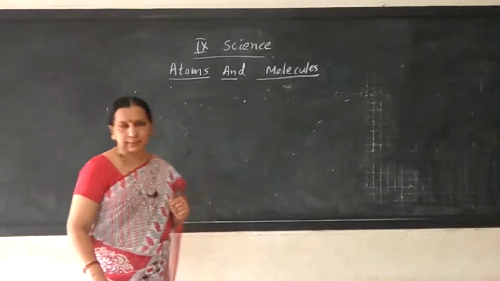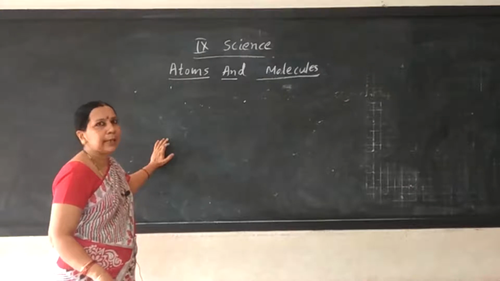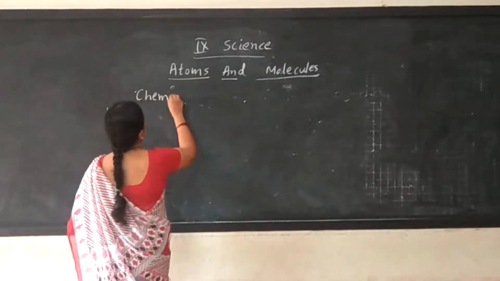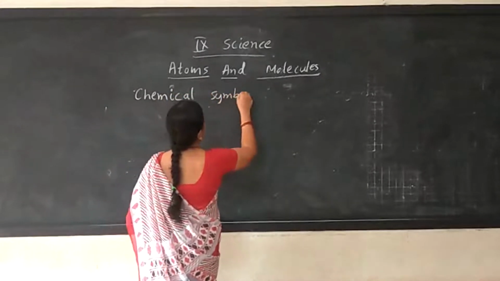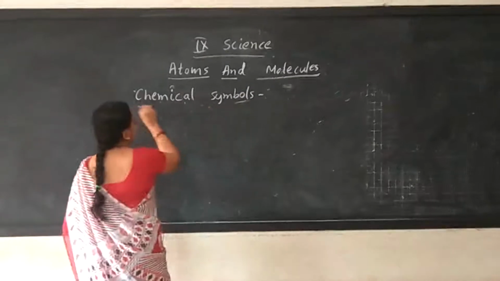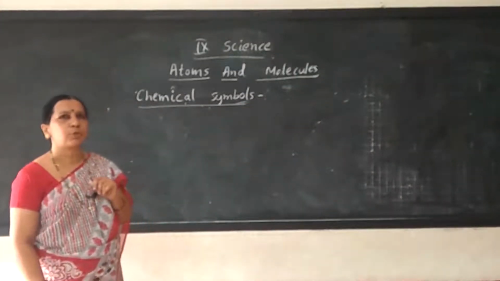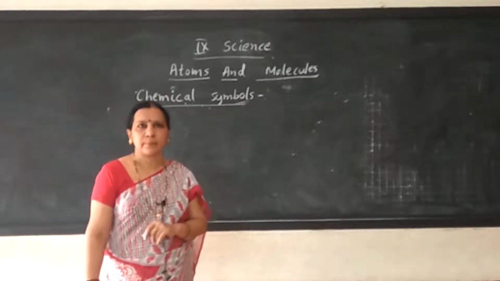Now, let us consider the symbols we write for elements. Chemical symbols. We can represent the elements symbolically. The first scientist who used symbols for elements was John Dalton.